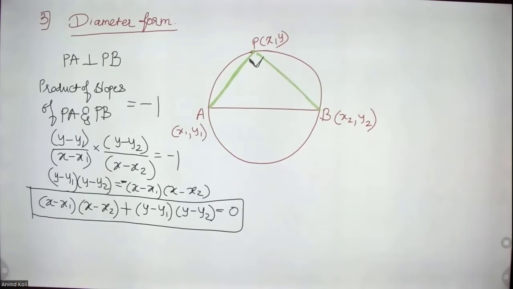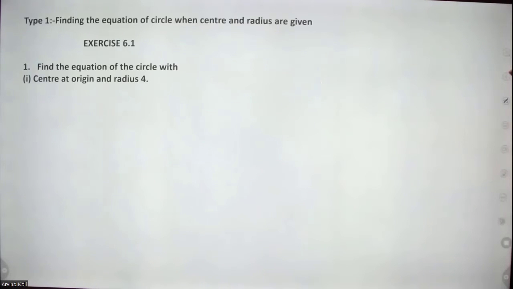So far we have just seen 3 formulas of this chapter, circle. आगे बढ़ते हैं स्टूडेंट्स. Now, before we start with the exercises, एक बार quickly recap करते हैं हमारे तीनों formulas.